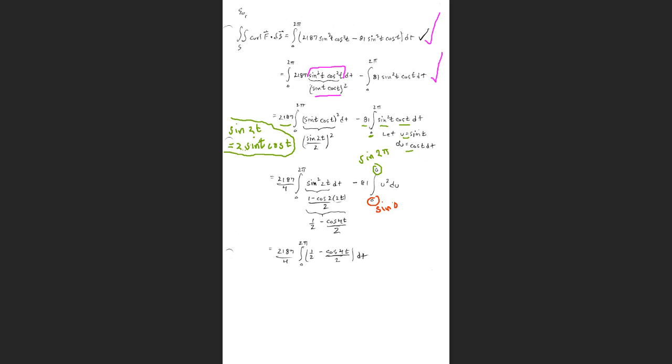I don't know if you remember this one, that sine squared of theta is equal to 1 minus cosine of 2 theta, all over 2. And so theta equals 2t. And, you know, you get down to here.